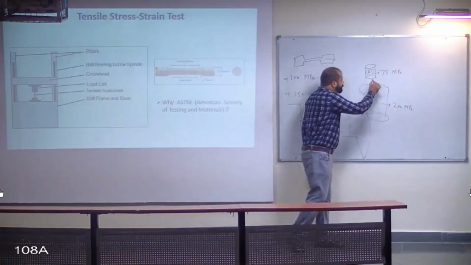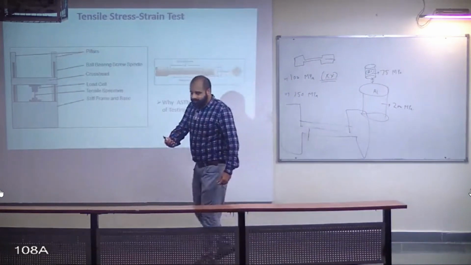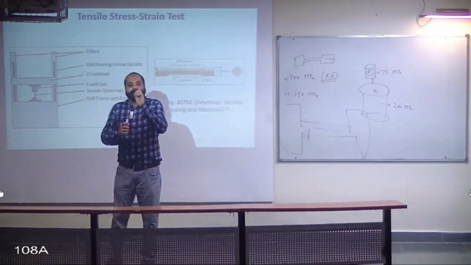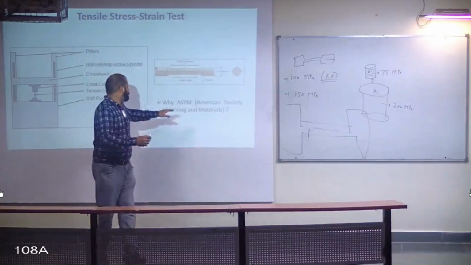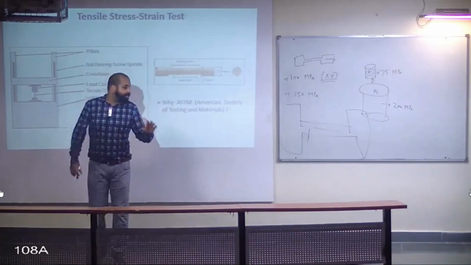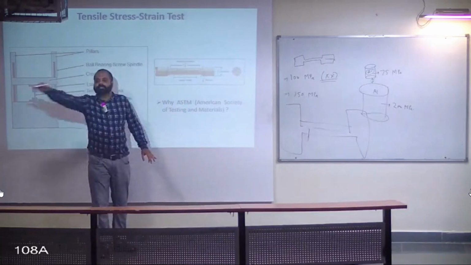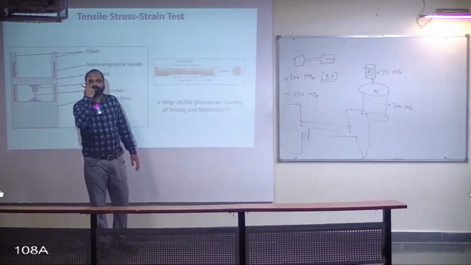So to remove this discrepancy, to remove this difference, we always make our samples as per ASTM standard. I hope a little light has gone on in your minds about why ASTM standards are important. Because they unify the world through a common standard.